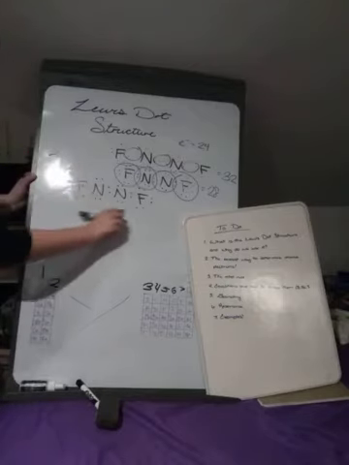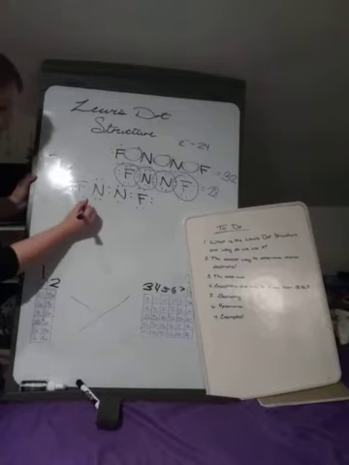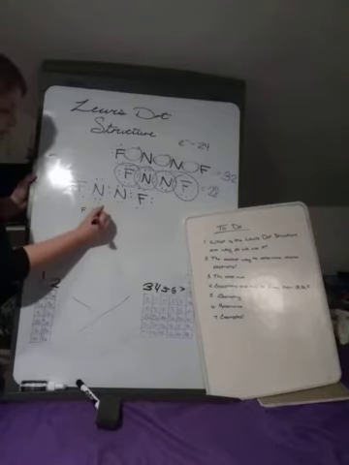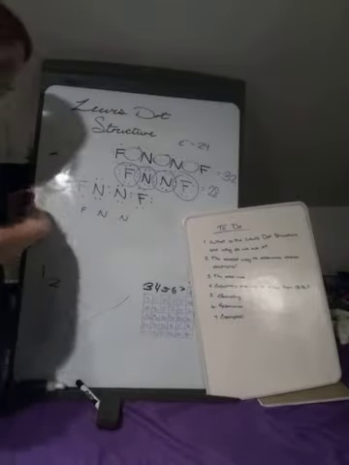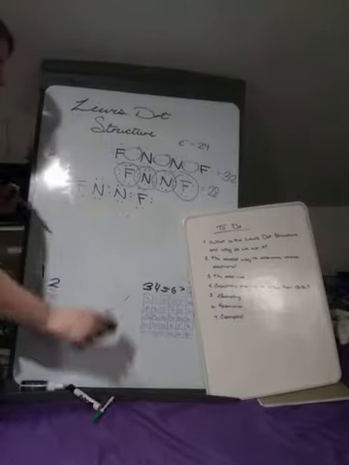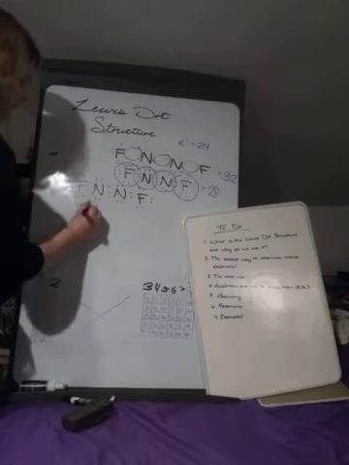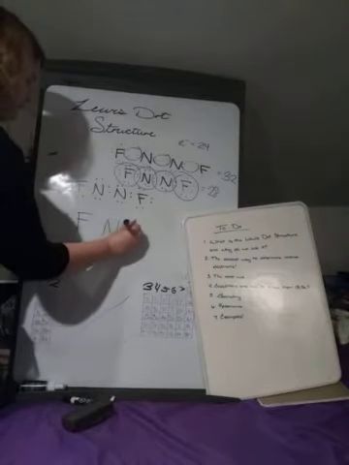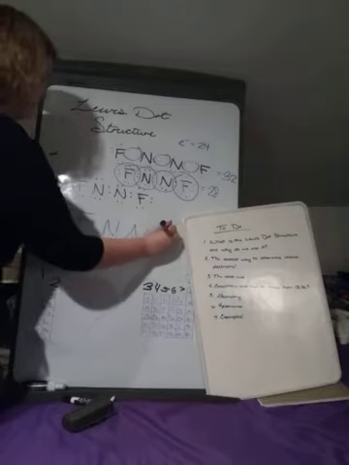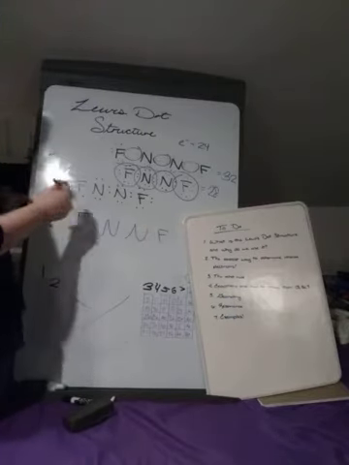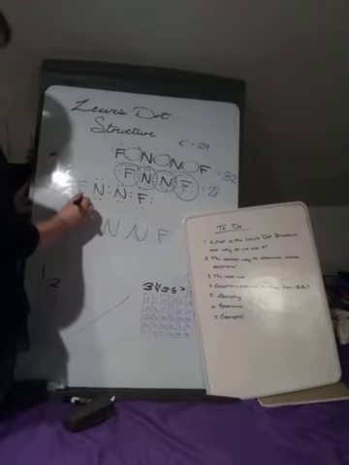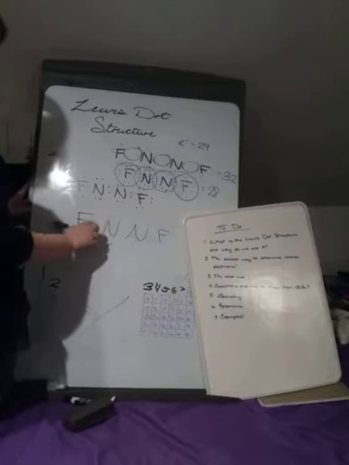So I'm not even going to pay attention to any of the electrons. So F, N, N. Let me make sure that's big enough for you guys. I'm going to make that a little bigger. F, N, N, F. We're not going to care about anything right now, except for these bonds.